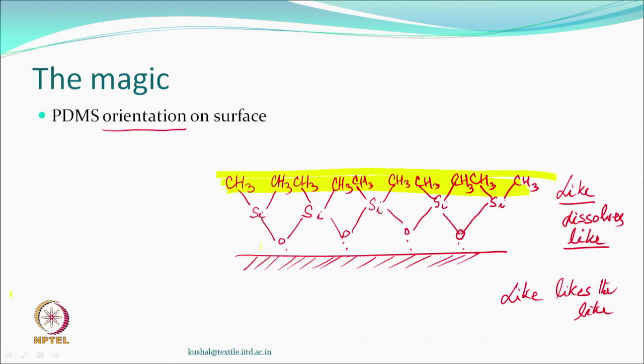Okay. And here you have a polar-polar interaction, so that there is an association with the textile surface. Okay. So, fastness issues can be handled a bit better.